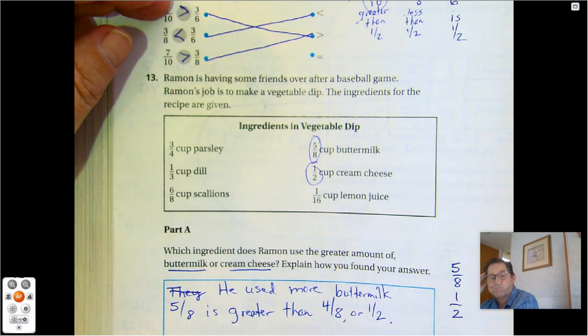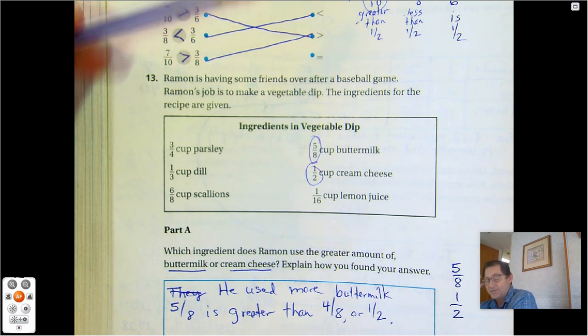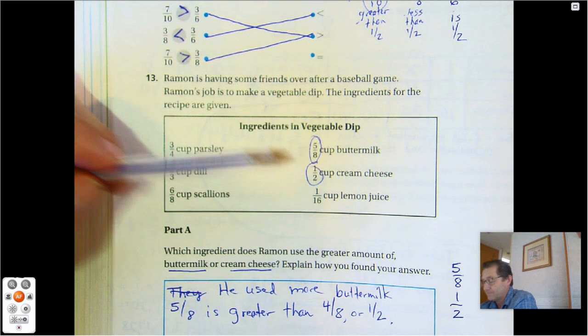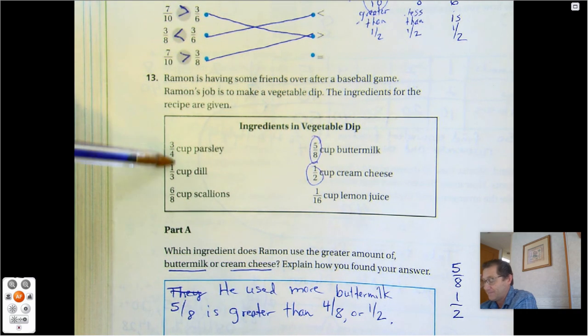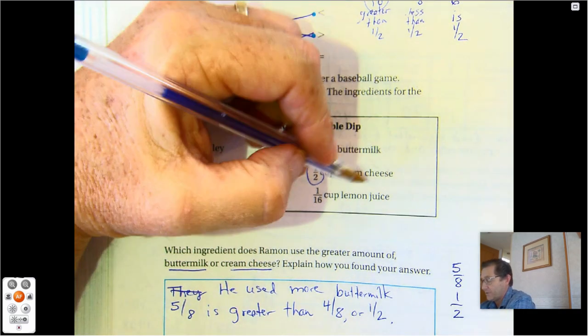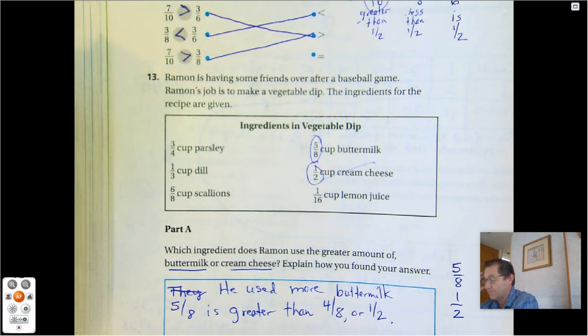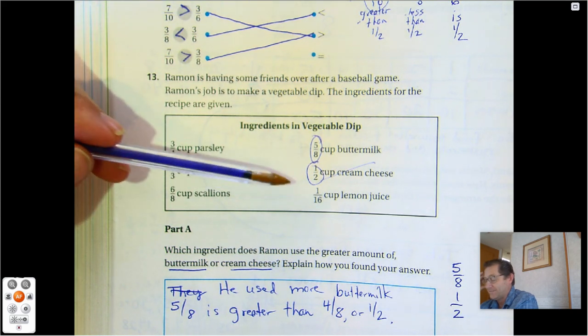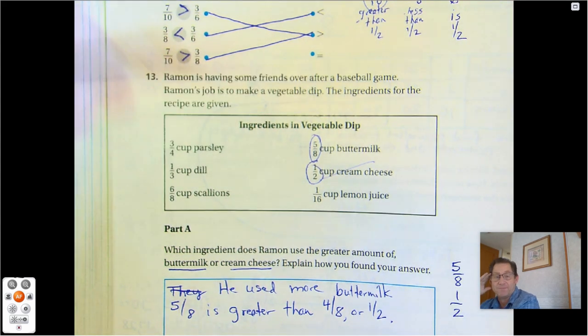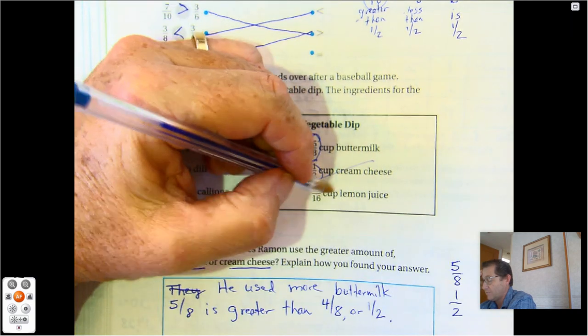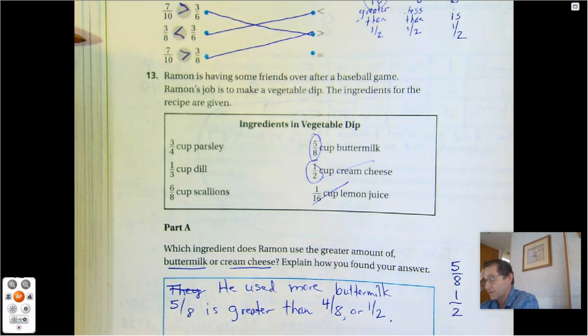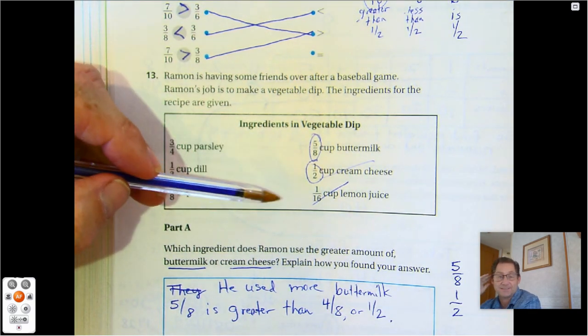I see nothing else that's 1/2. Okay, so it's not cream cheese that they're talking about. 1/16. Well, that's prime. So nothing's equal to that because there's no numbers bigger than 16ths. Okay, so it's not lemon juice.